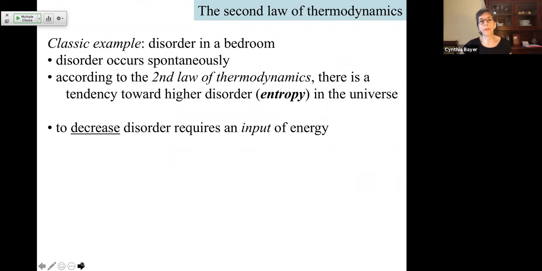The classic example demonstrating disorder, the spontaneous conversion of ordered structure to disorder, is what happens to someone's bedroom. Spontaneous occurrence of disorder. Higher disorder, which is defined as entropy in the universe.